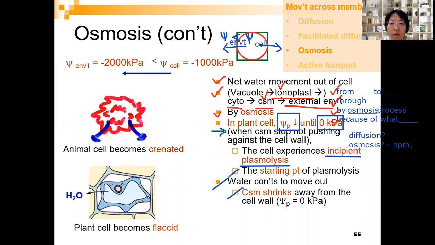So the cell will then experience plasmolysis. How does plasmolysis look? In the microscope, it looks like this. You can see that the cell surface membrane has already shrunk away from the cell wall. See? This is considered plasmolysis.